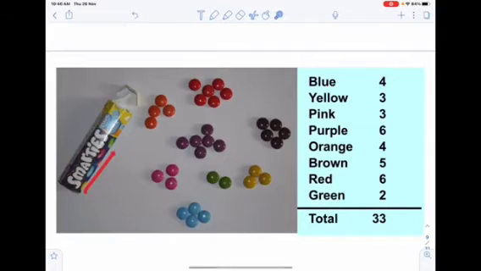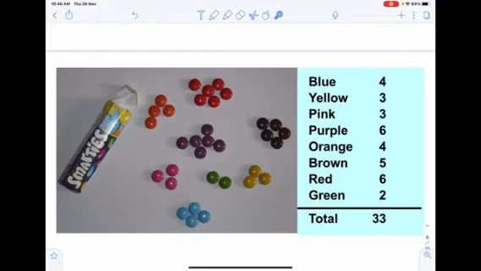Smarties come in different colors. We have blue, yellow, pink, purple, orange, brown, red, green. So I have just tried to list the number of toffees of different colors here in the list, because they are not equal in number.